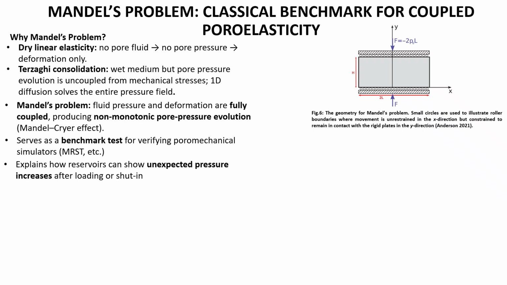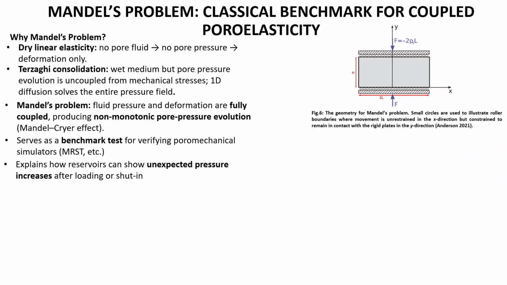So the geometry which you see in figure 14.6, sorry, that's supposed to be figure 7, which I got from the work of Anderson in 2021, shows a rectangular slab compressed between two rigid impermeable plates with width 2 times the length L and the height equal to h. So it's infinite in the z direction.